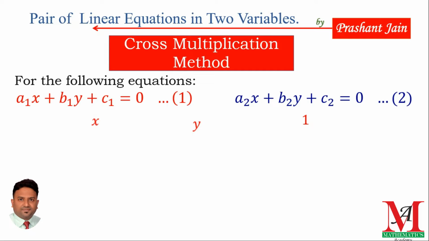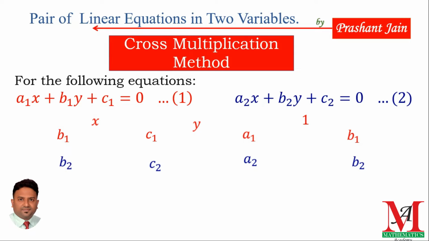One more thing is that all the constants in the equations are on the left hand side and there will be 0 on the right hand side. It is a compulsory condition. Now we take the coefficients of y first, then the constant terms, then again the coefficient of x and the coefficients of y, in this order only.